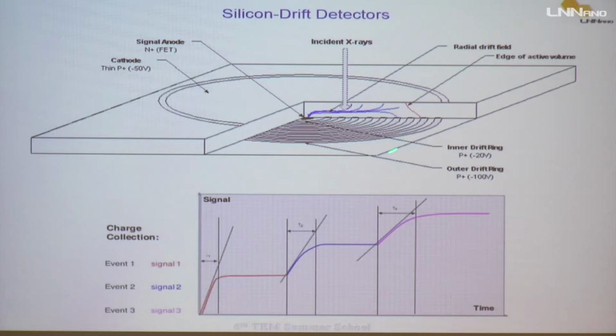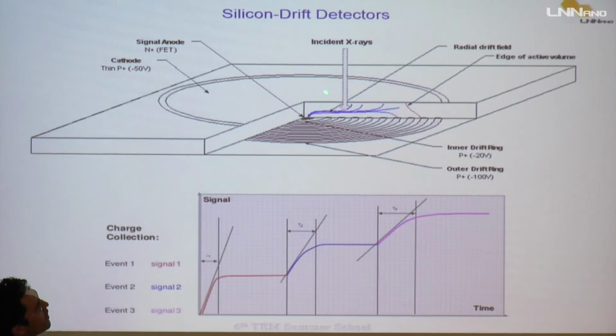Then what will we have? When one photon arrives here, it will start to lose energy and generate electrons and holes, okay? All these electrons will have an electrostatic repulsion with the rings on the other face of the detector.